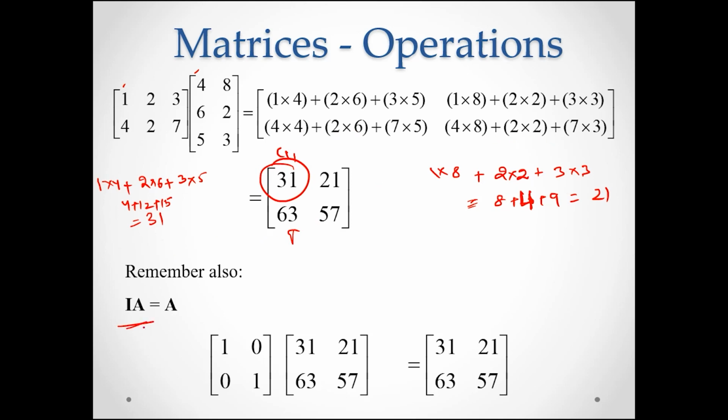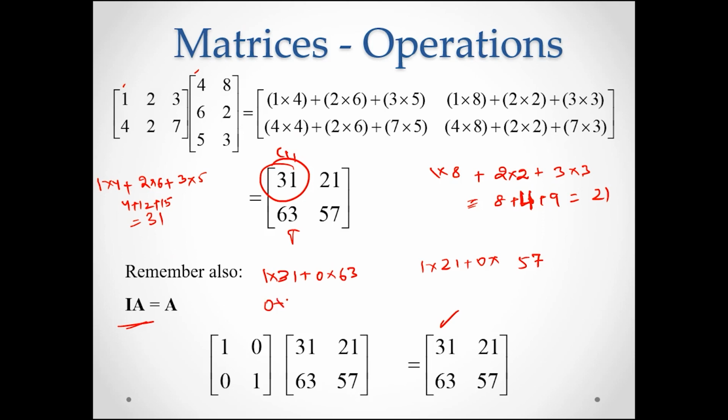Also remember that I cross A will be equal to A. So if I have a multiplication rule, then the output is going to be the same. Let's check this. We have 1 cross 31 plus 0 cross 63. Second entry will be 1 cross 21 plus 0 cross 57.